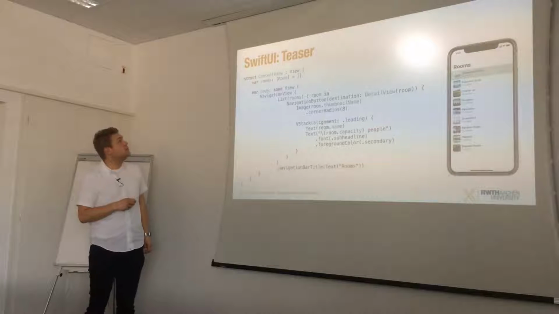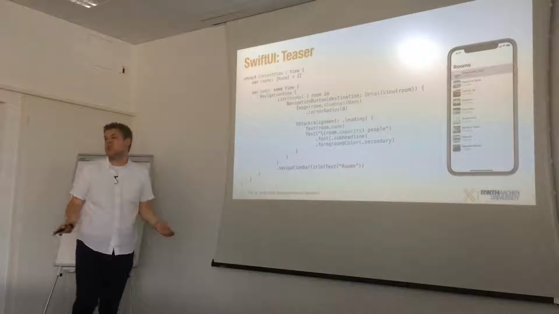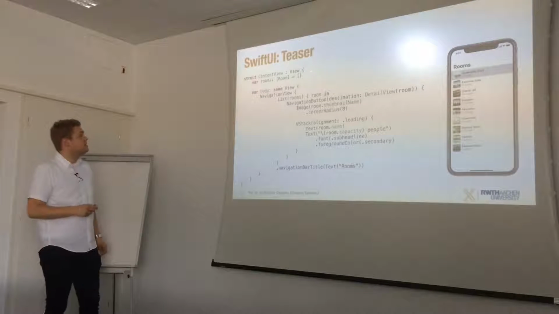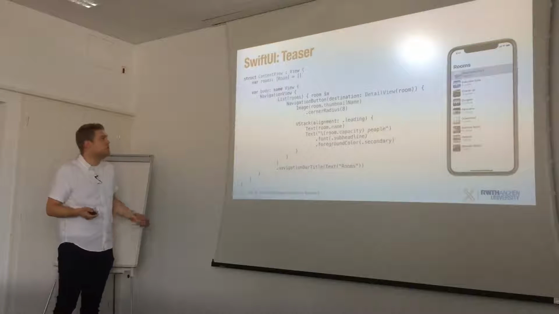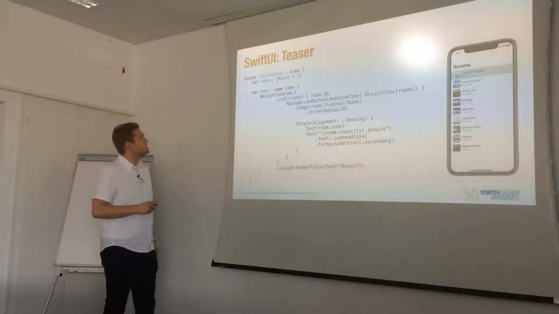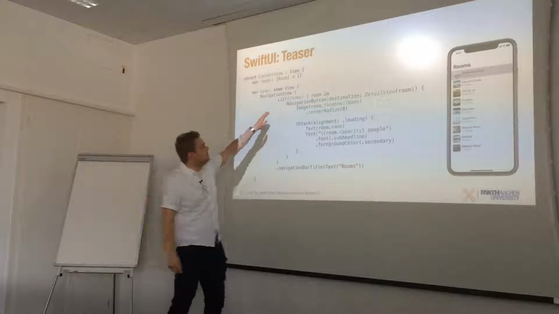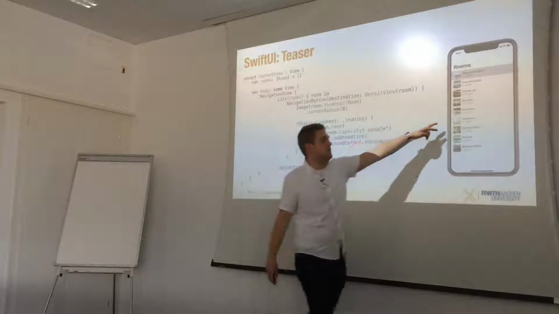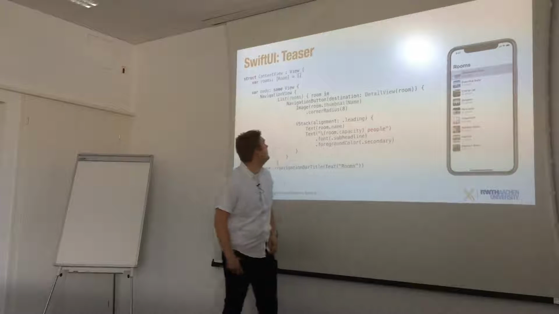And then every view in SwiftUI has a body. A body is basically its content. So you see this, it looks quite weird, which means it's a closure. And what does this thing do? Basically, let's start somewhere in the middle. We want to define a cell that's sort of an image and 2 labels.